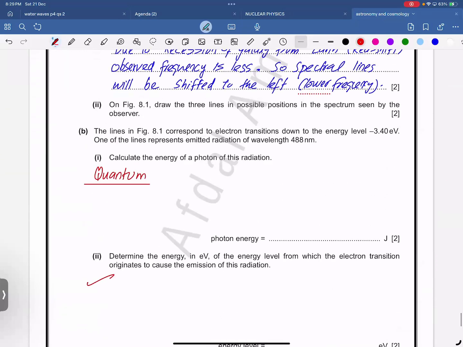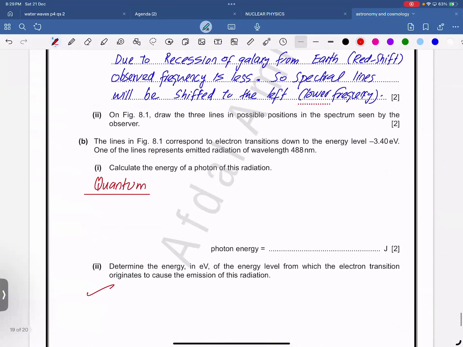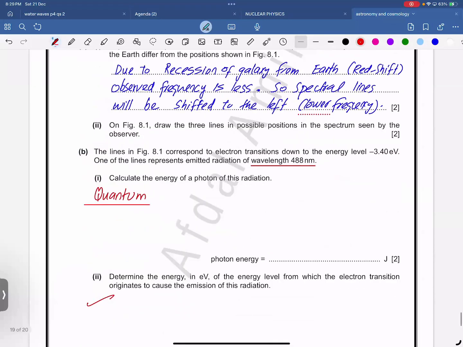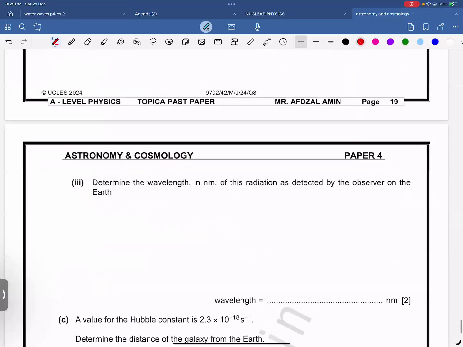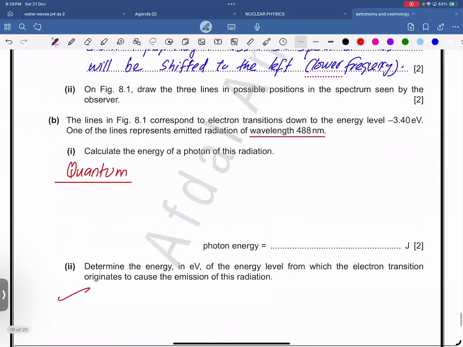But the energy with the wavelength, you have the wavelength 488 nano. Speed of recession you have. So you want the wavelength in nano detected by observer on Earth.